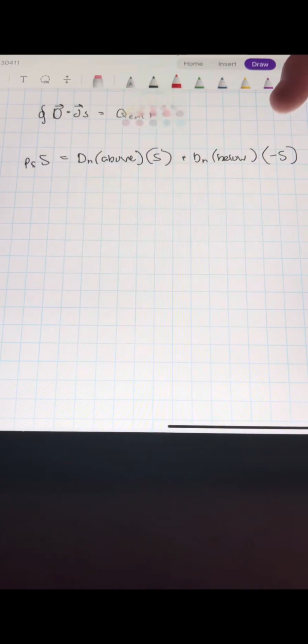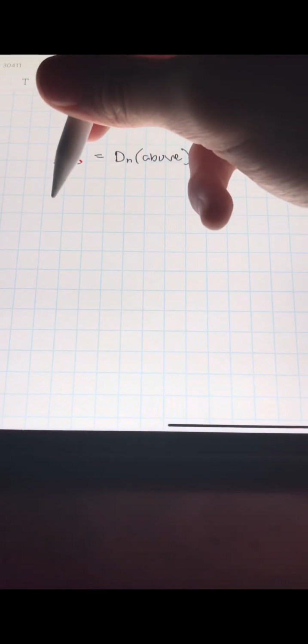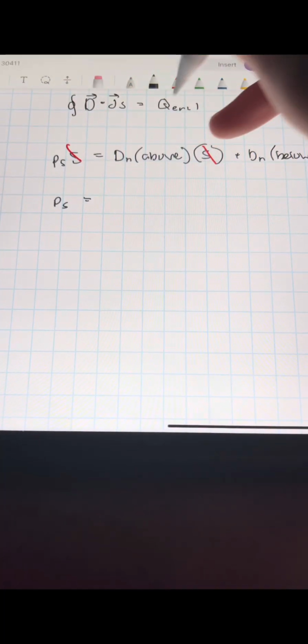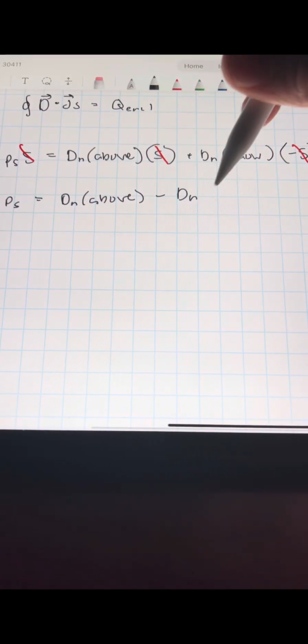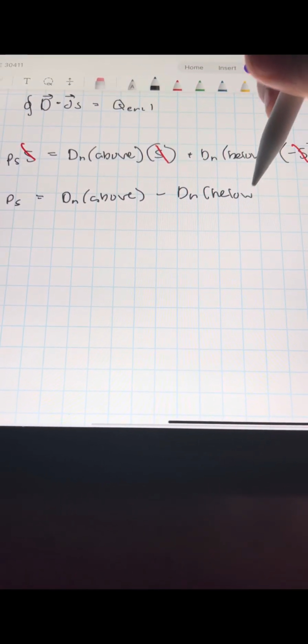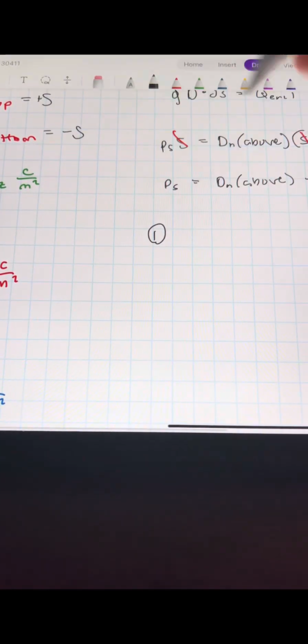So if you cancel out the S's here, you can get that the surface charge density rho of S is equal to the contribution just above the plane minus the contribution just below. So now we can go ahead and apply these to our individual cases.